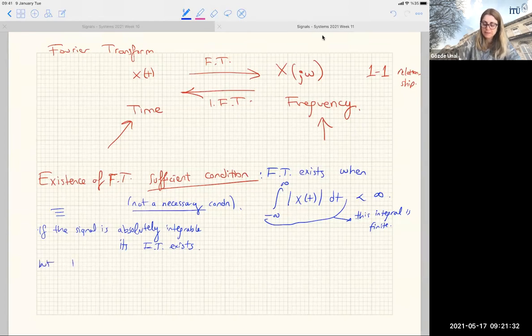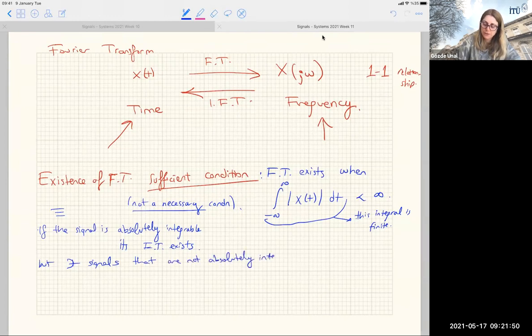There are signals, guys, where we have the Fourier transform and which are not absolutely integrable.